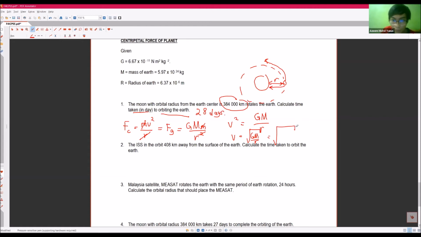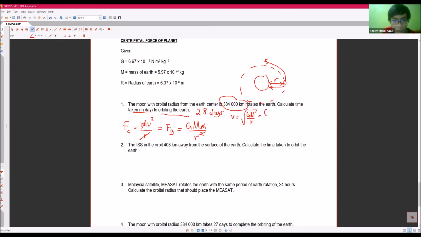We can use that to calculate the orbital period. So let's take some space here. GM over r.